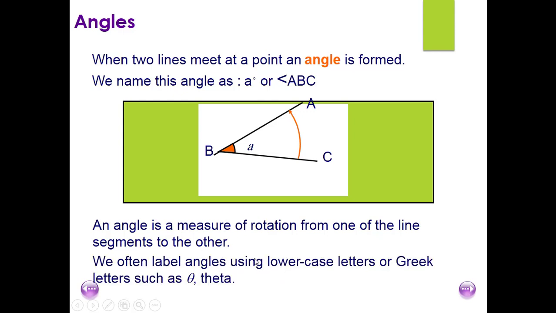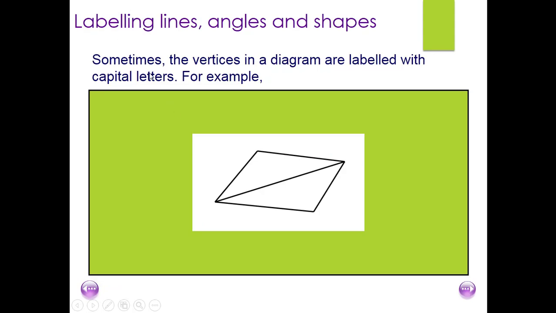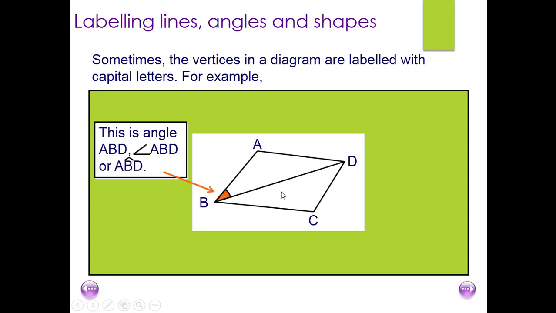We often label angles. As I told you guys, I can write here A, or I can call it ABC. Labeling lines, angles, and shapes. How can I label lines? I can say the line segment AB. This is an angle, for example.